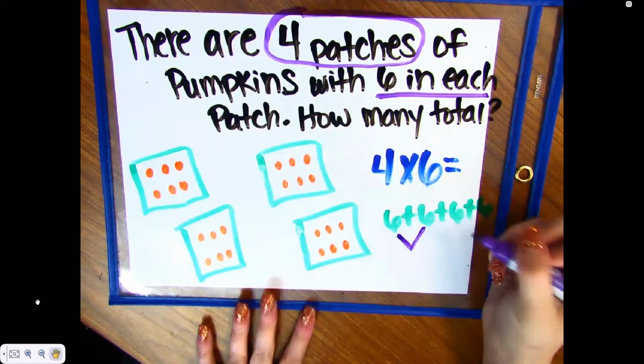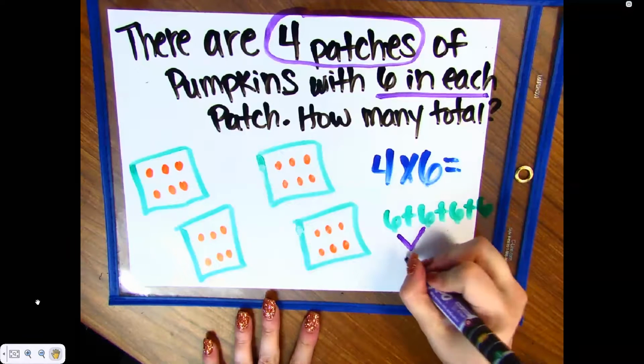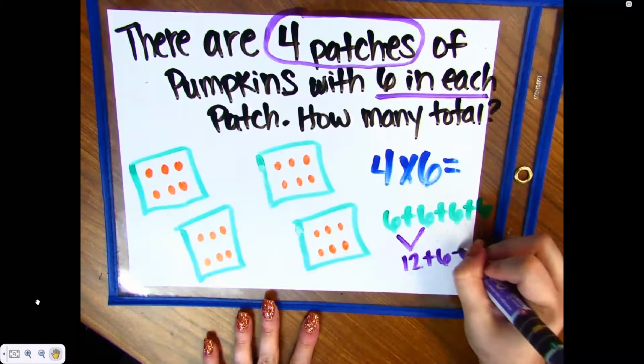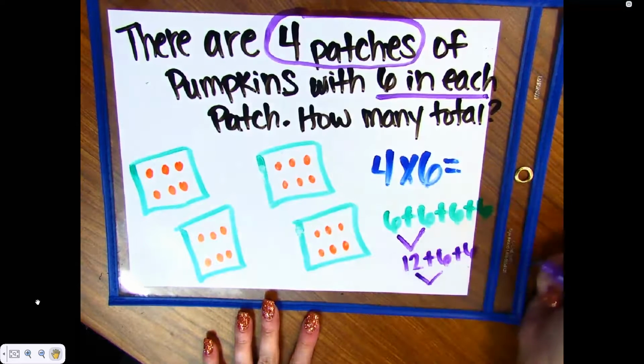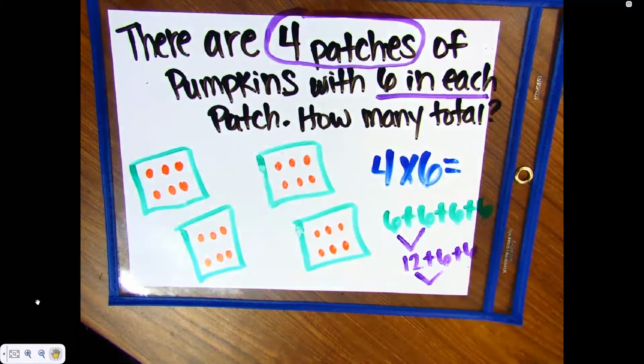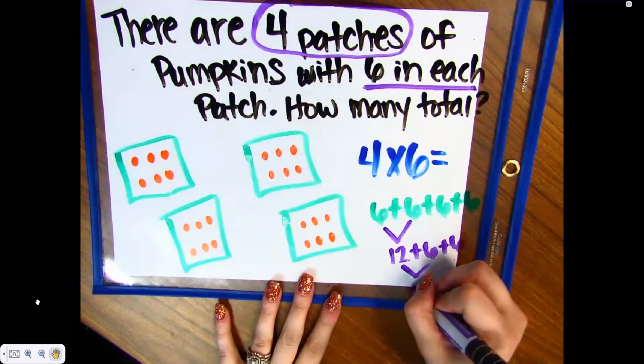Okay. So what's 6 plus 6? Bella, what's 6 plus 6? 12. Okay, then I need to add plus 6 plus 6. So I'm going to add my next 2 numbers. What's 12 plus 6? If I don't know, I can count on my fingers. Annette? 18.